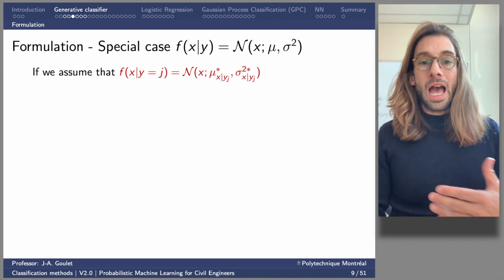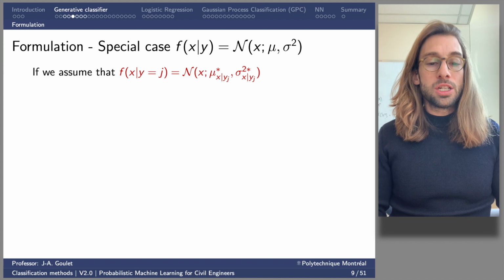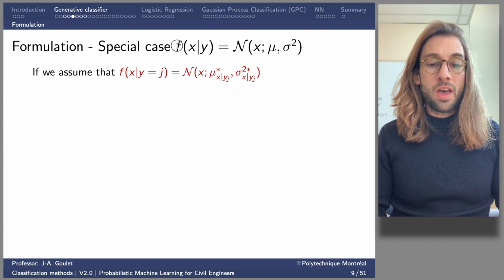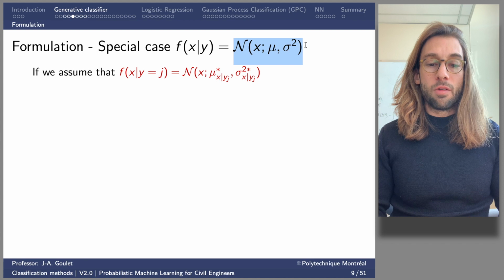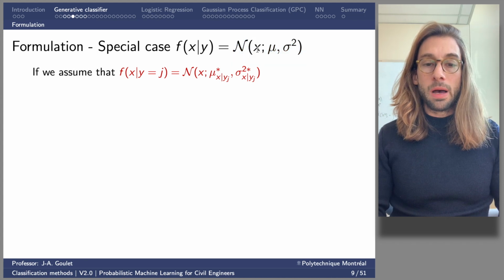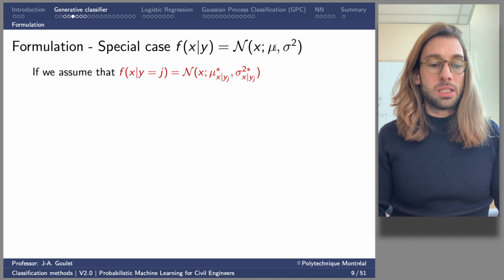So let's first look at a special case. Let's imagine that we're going to model our conditional PDF for the covariate given a class by a normal PDF, defined for x, where x is my covariate, parameterized by its expected value, or mean, mu, and its variance, sigma squared.